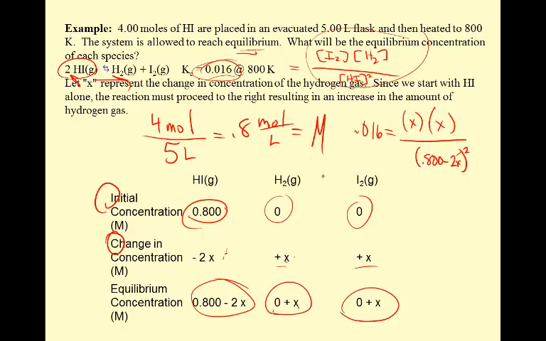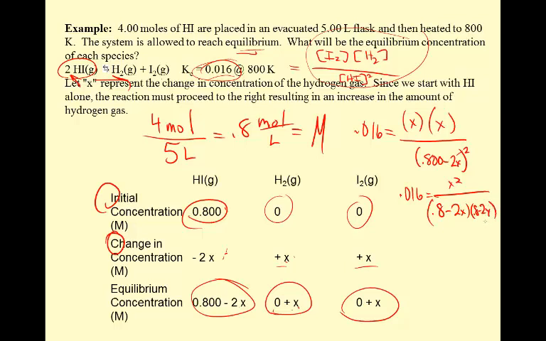And so, if we want to know each concentration, we've got to figure out x and plug it into here. So how do we figure out x in this case? Well, guess what, kids? We're going to have 0.016 equals x squared over 0.8 minus 2x times 0.8 minus 2x.